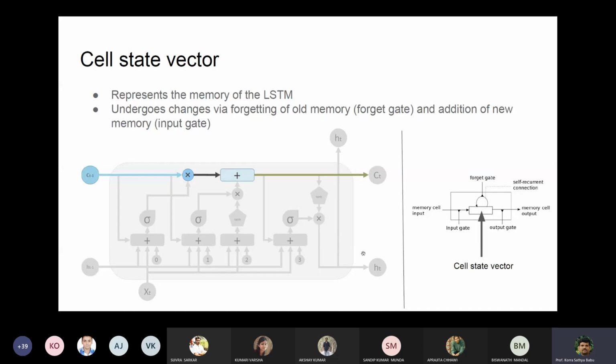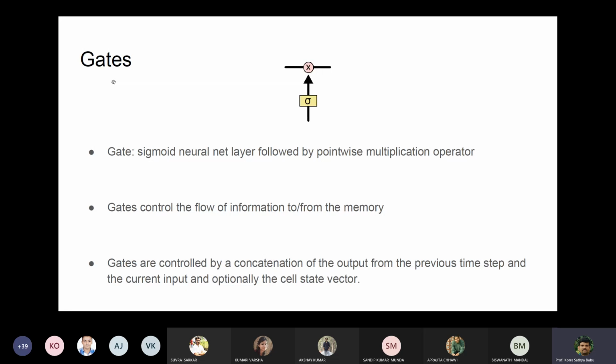So we will see four steps. We use various gates here. A gate is a sigmoid neural net layer followed by a pointwise multiplication operator. Gates control the flow of information to and from the memory, and gates are controlled by a concatenation of the output from the previous time step and the current input, and optionally the cell state vector is also taken into consideration.